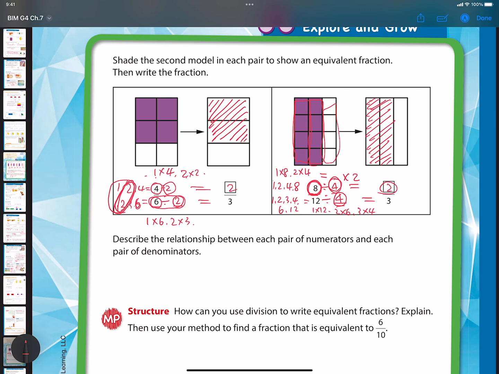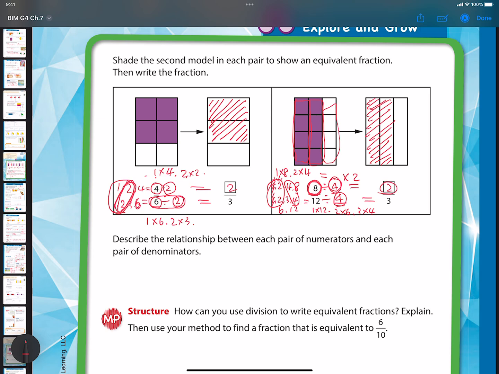So common factors are 1 and 2 and even 4. That means you can divide by 4 or you can divide by 2. Of course, divide by 1, but it's not going to change anything. So for equivalent fractions, you need to omit that one.